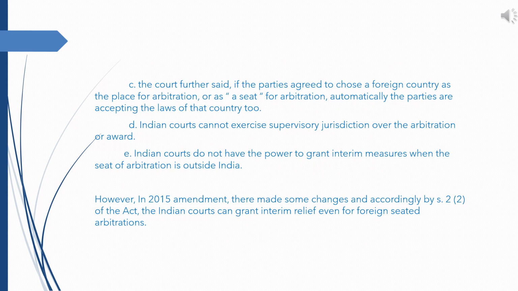The Supreme Court also pointed out that if the parties in the agreement unanimously selected arbitration, and the arbitral proceedings will be happening in a foreign country, then we call it a seat. Then it's obvious that the parties are impliedly accepting that we will follow the laws of that foreign country.